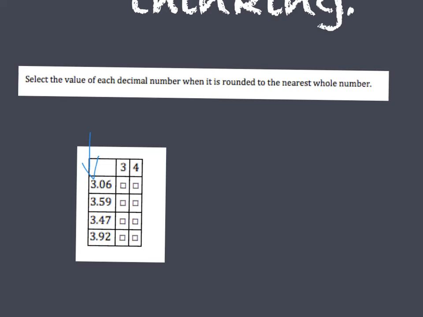Okay, so go ahead and pause this video. I want you to recreate this table in your notes, and I would like you to check, is that number going to be rounded to a 3 when it's rounded to a whole number, or is it going to be rounded to a 4? Check back to see if your answers are correct.